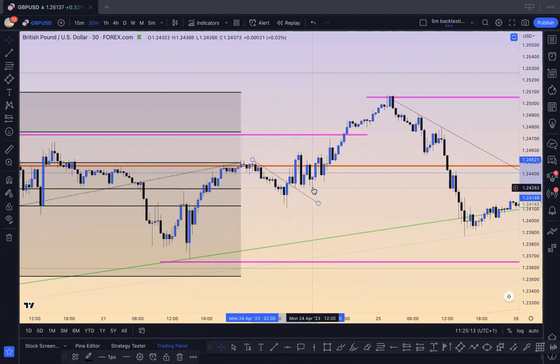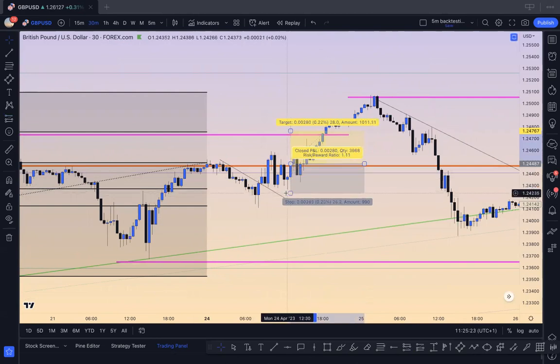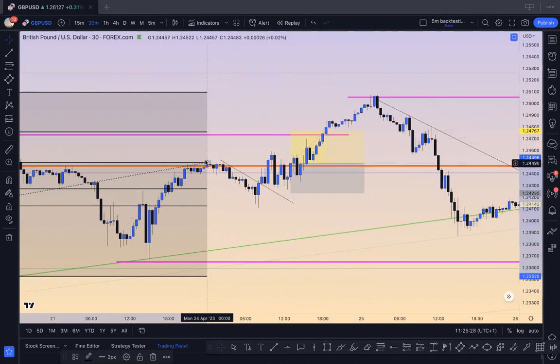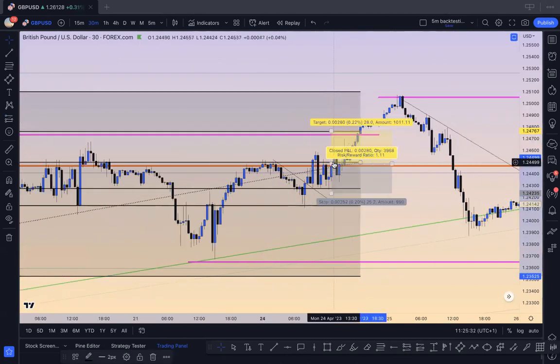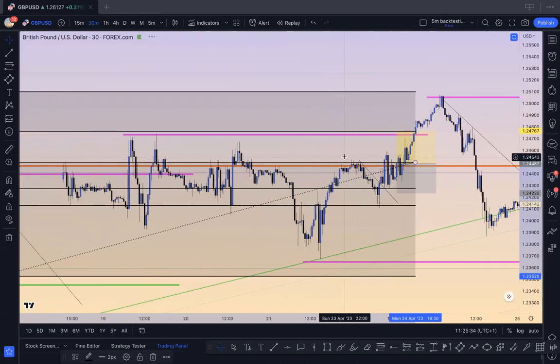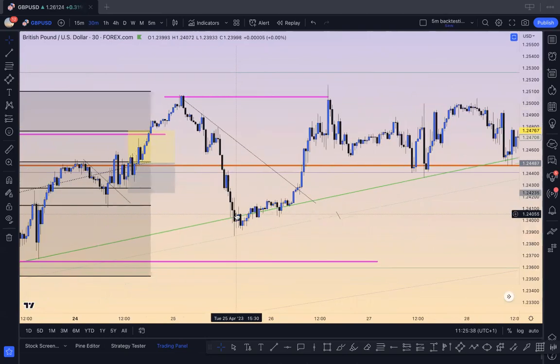And I entered in this area. I entered here. And that was my trade, up to negative 27. There. Right?